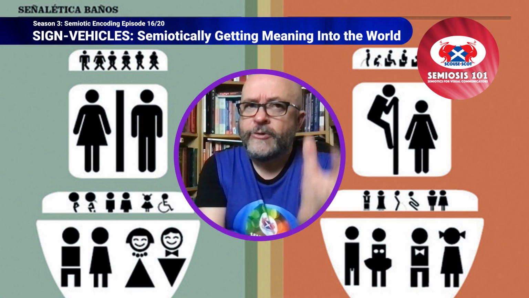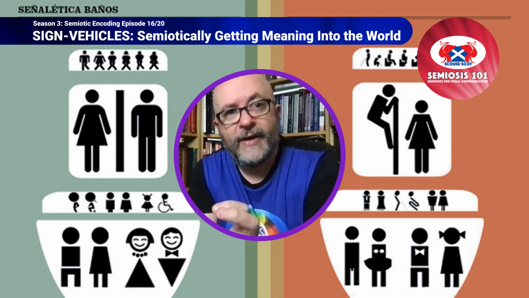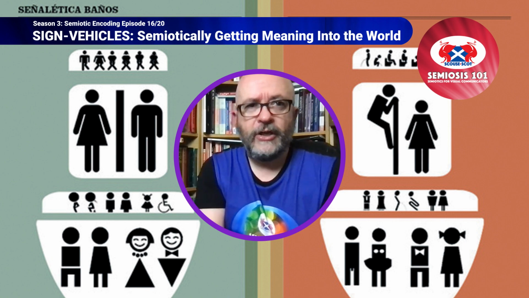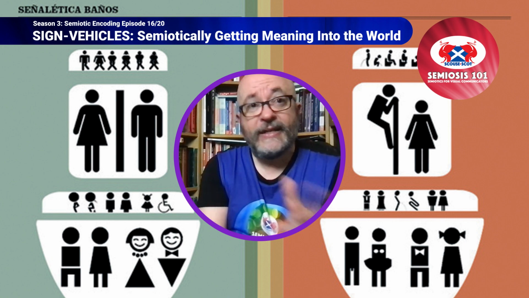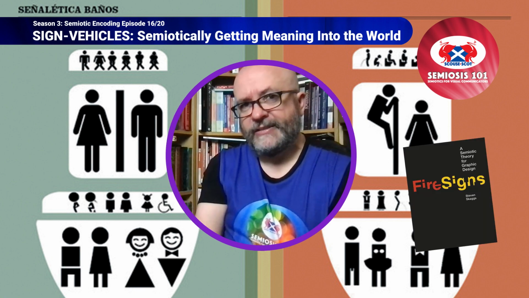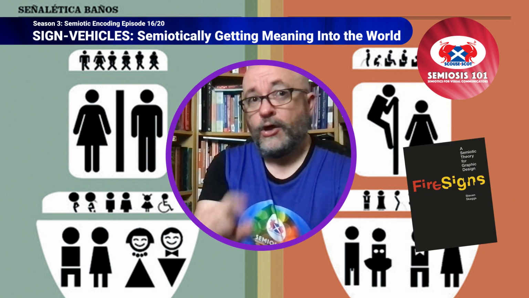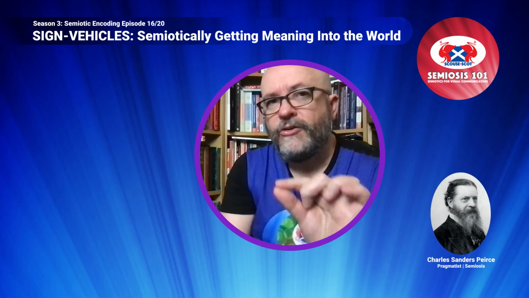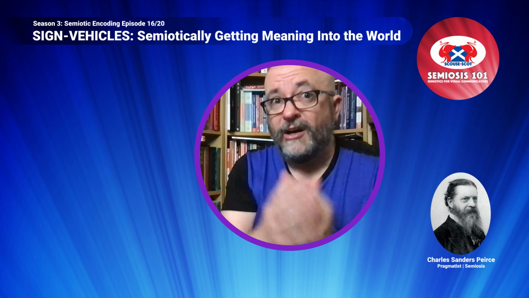This piece of ubiquitous signage utilises an agreed method by using proxy representations for male and female bodies to resolve how to indicate in a non-verbal way which toilet to use. But Skaggs and Fire Signs remind creators that no graphic display has the power on its own terms to be conclusive, but we can use semiosis to improve our chances.